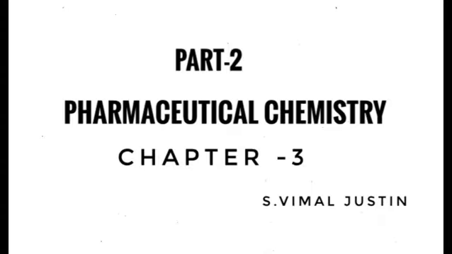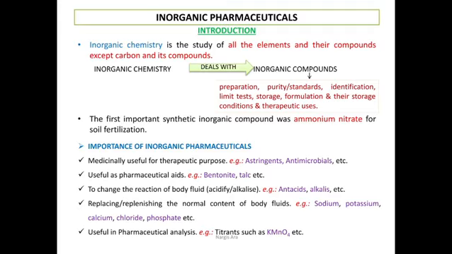Today, we are going to discuss an interesting topic, which is inorganic pharmaceuticals. Prior to discussing inorganic pharmaceuticals, we must know about inorganic chemistry. What is inorganic chemistry? Inorganic chemistry is the study of all the elements and their compounds except carbon and its compounds.